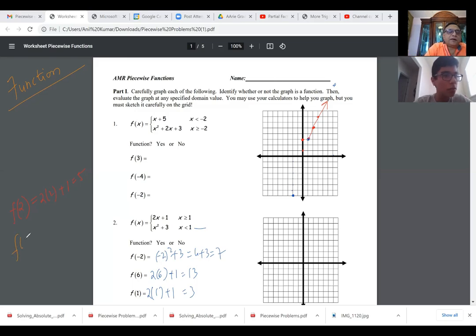F of minus 1 will be, let's say, plus 1, but not included, right? So when I look into this parabola part, it is 1 square plus 3, which is 4. But 4 is not included. This is a hole, right? We're looking for a hole. And the hole is at 1, 4, correct? So at 1, we have a value which is right there.